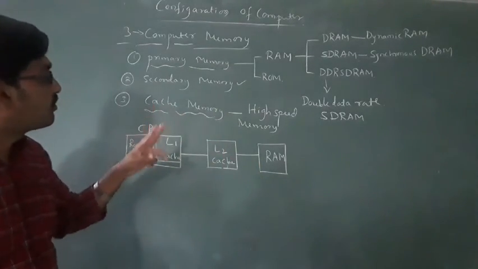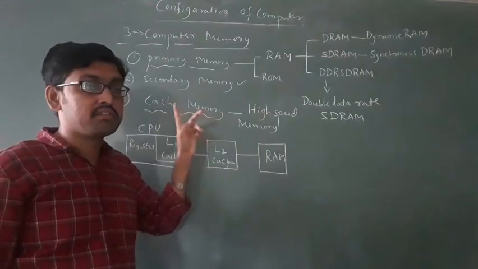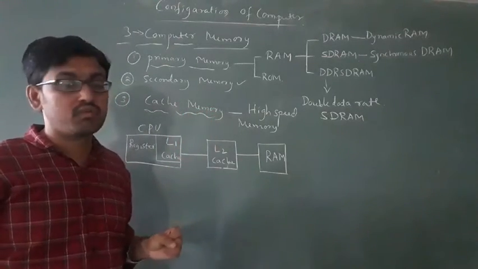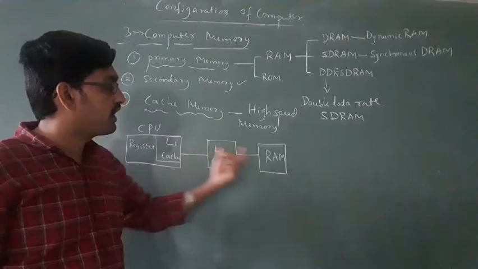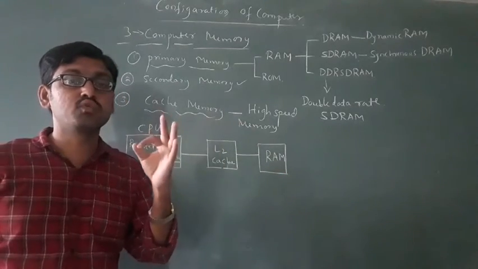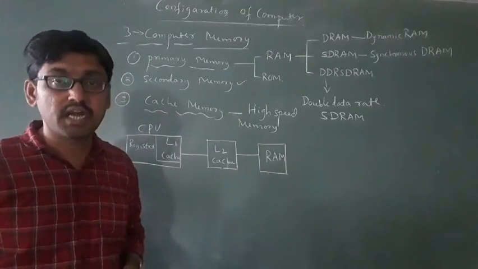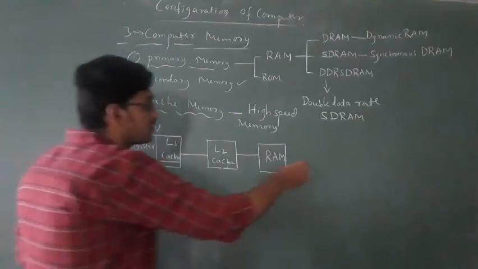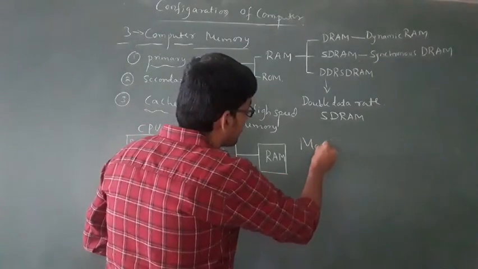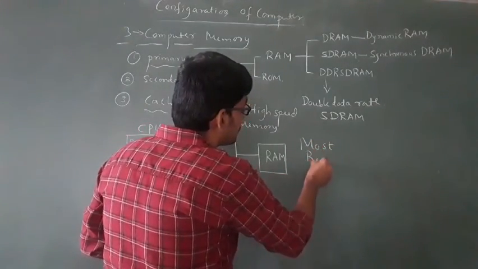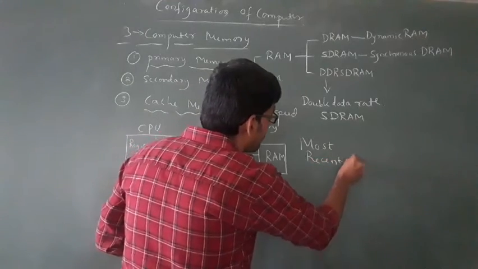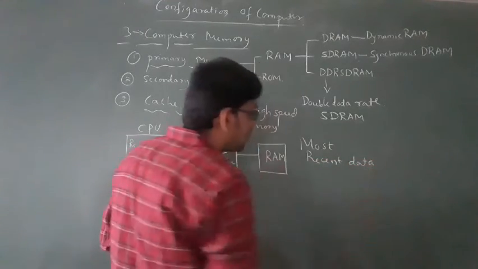Cache memory is high speed memory, placed between CPU and RAM. What is the main use of cache memory? It stores most recent data. The data we are just using now is the only data it stores.